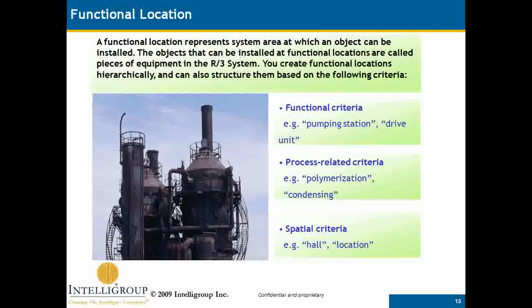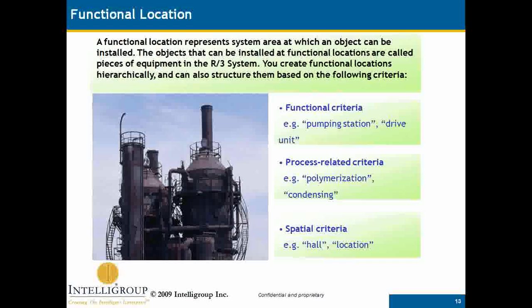The same way, within the plant, to reach that exact physical location, we are defining the path. This is called the function location. That will be defined based on the business needs, function wise or process wise.